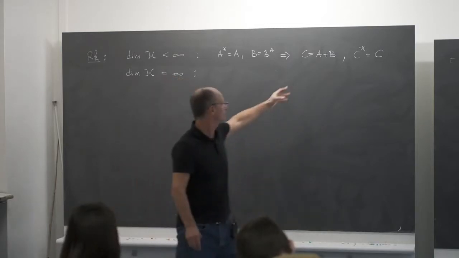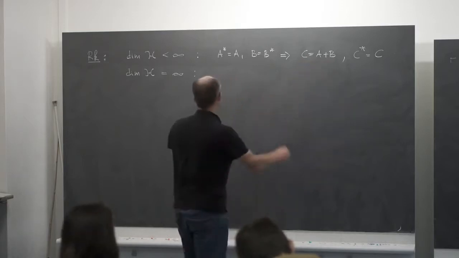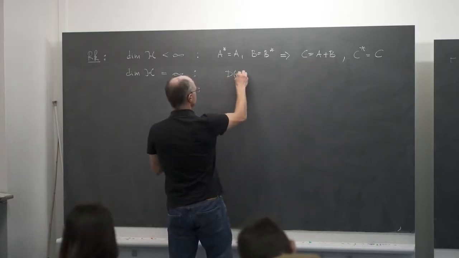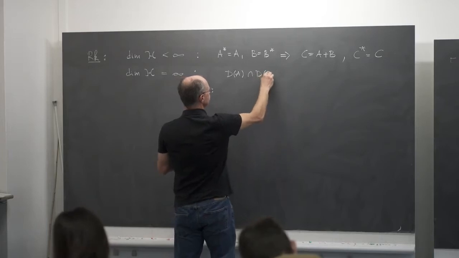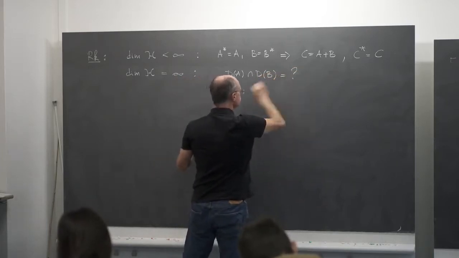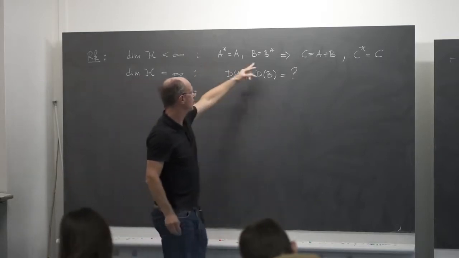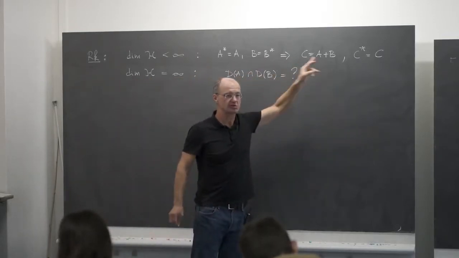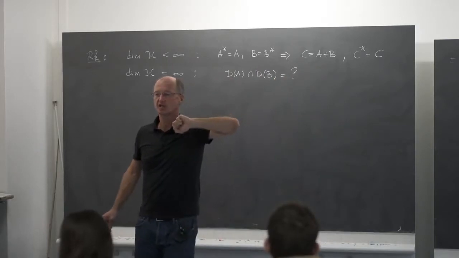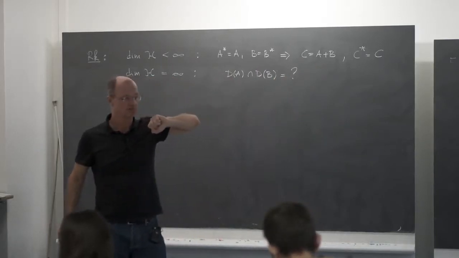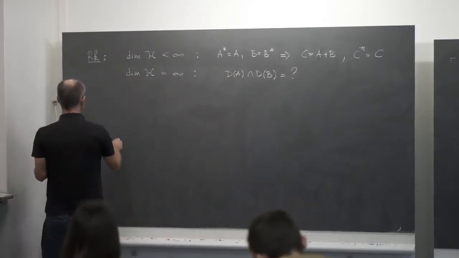So all kinds of things may happen with the intersections of the domains. In fact, if A is unbounded but B is bounded, it still works very well. And there is an exercise in the next problem set about it.